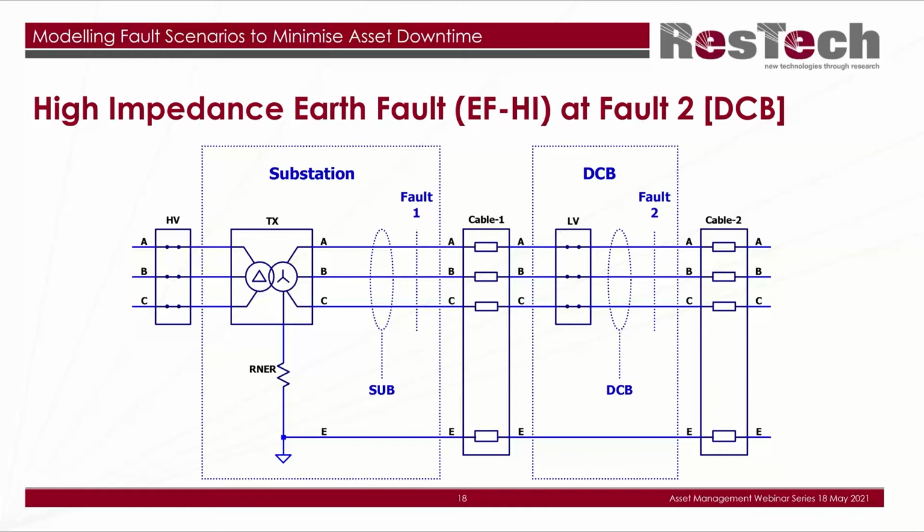Okay, so the fault is at, in this case, the A phase, and that earth fault is connected to earth via a high impedance. And in fact, in the simulation model, that's exactly how it would be. It would actually be simulating a resistor there of a particular value to simulate a high impedance earth fault.